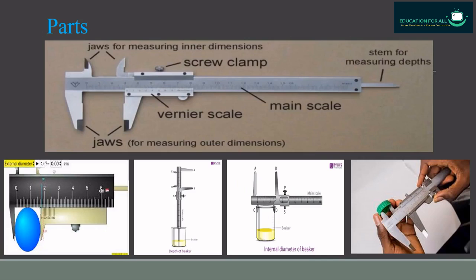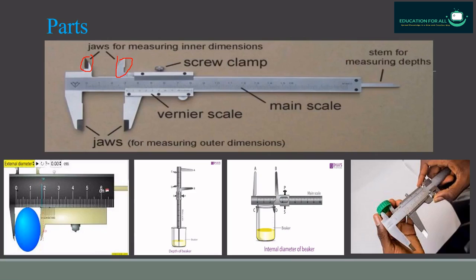First of all, come to the parts. As in this picture, I will start from the left top corner. You can see these two jaws. These two jaws are called inner jaws, and these can be used to measure the internal diameters of some specific cylinder or test tube or whatever.